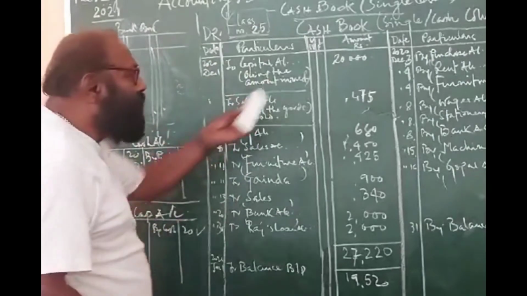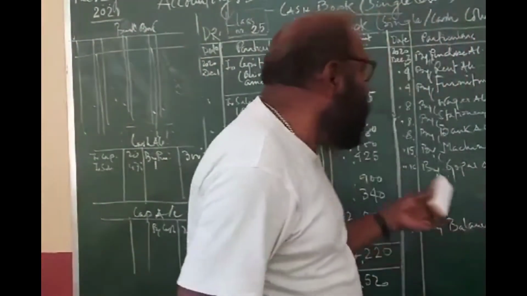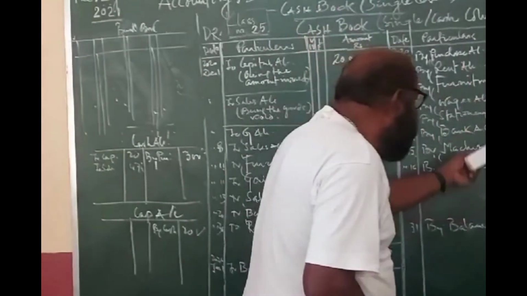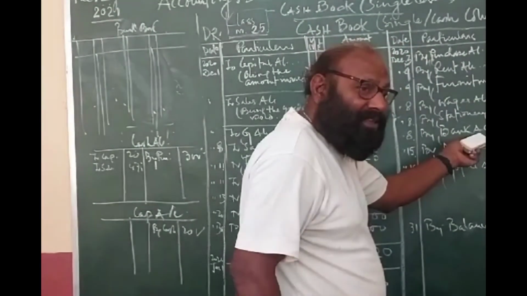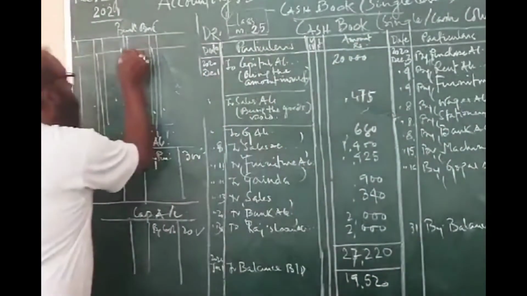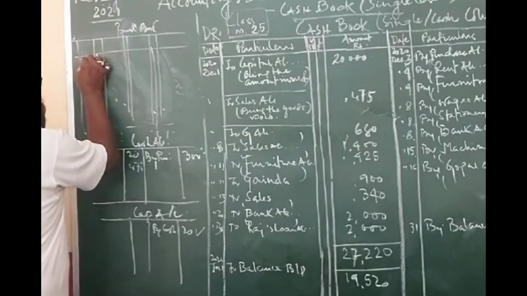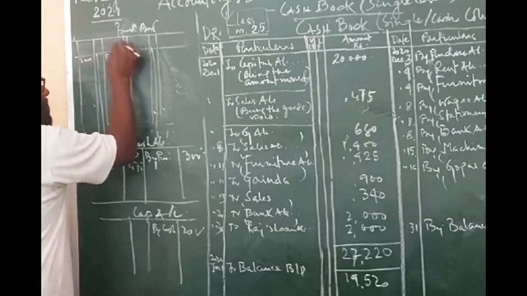In one journal entry I told you to open a bank account. So what is the journal entry? Bank account debit to cash. Clear. Now I have the cash book credited by bank, so in the bank book I should write to cash, being the amount account open.